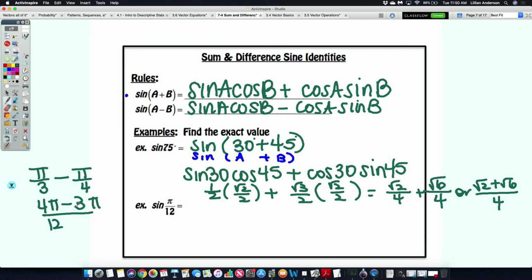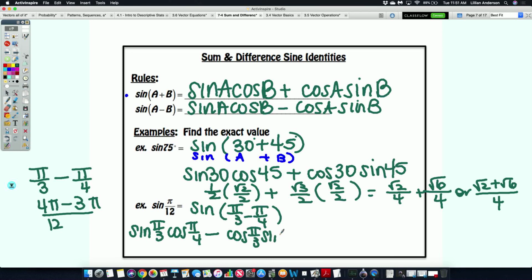So those are the two angles that I want to use. So that's sine of pi over 3 minus pi over 4. Questions? Using the identity, that's sine of pi over 3 cosine of pi over 4 minus the cosine of pi over 3 sine of pi over 4.